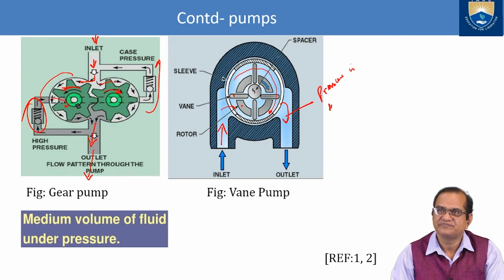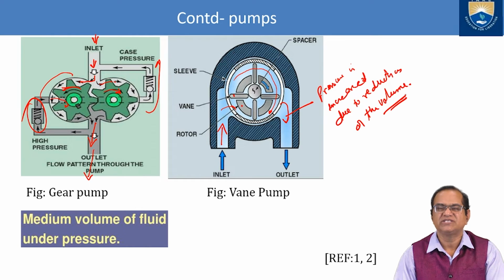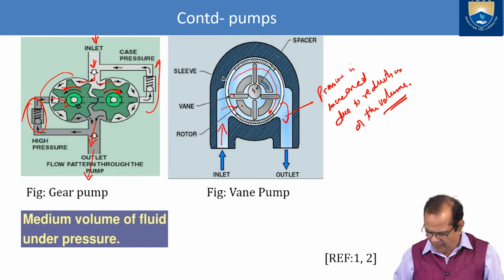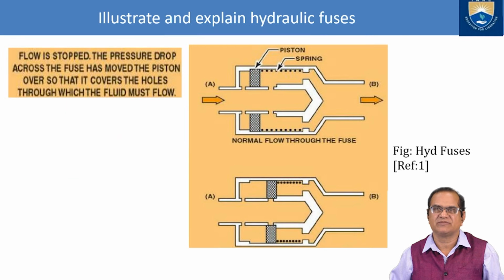Pressure is increased due to reduction of the volume. This is the vane type of pump which is used in the hydraulic system.